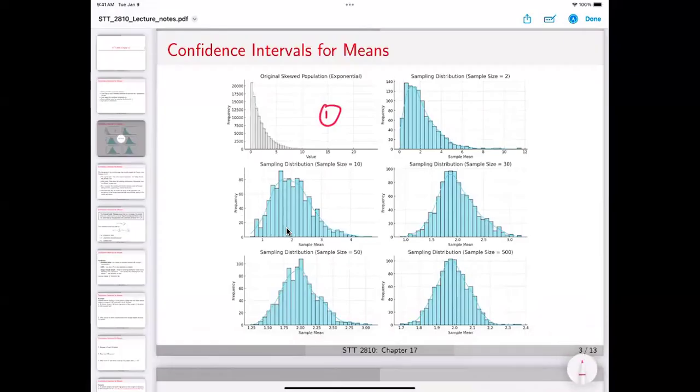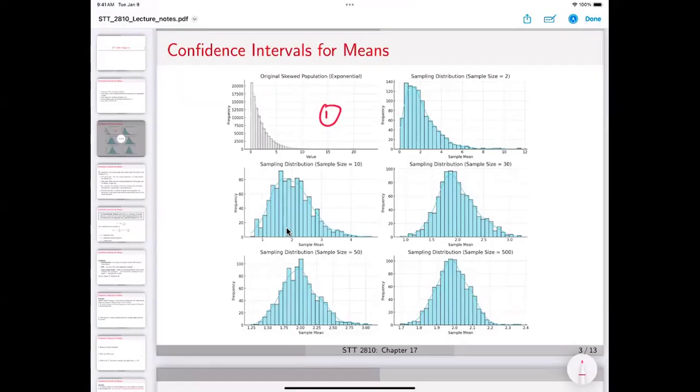We can see that this histogram is heavily skewed, right? This is the original population, and we construct the histogram of the original population, and we can see it is heavily skewed.